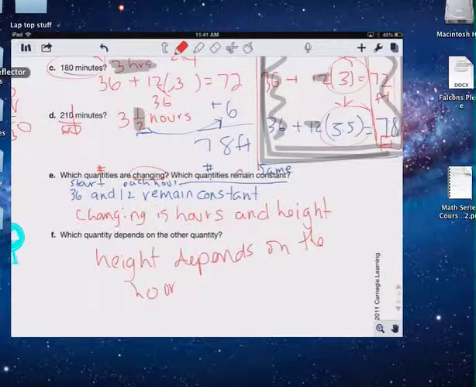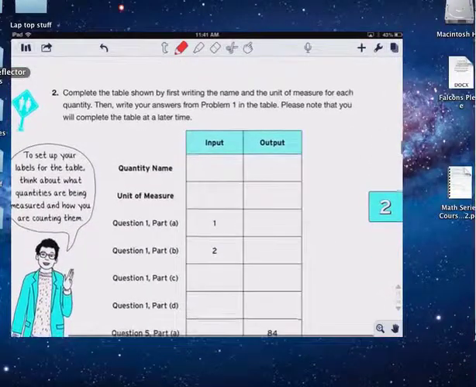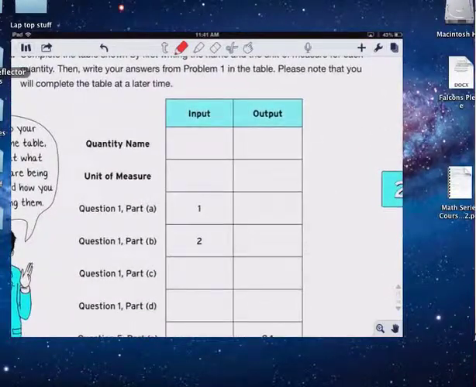Now, let's look at the next page. We input the time.